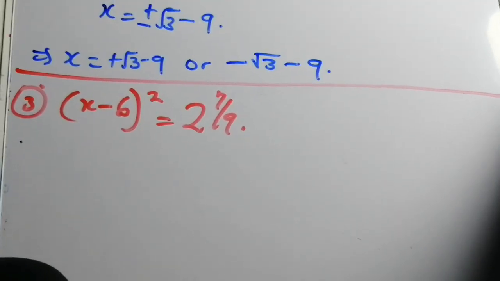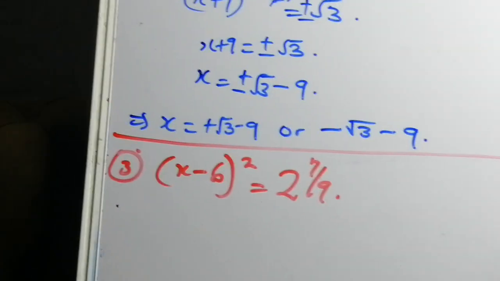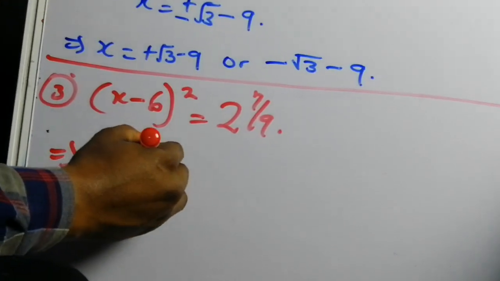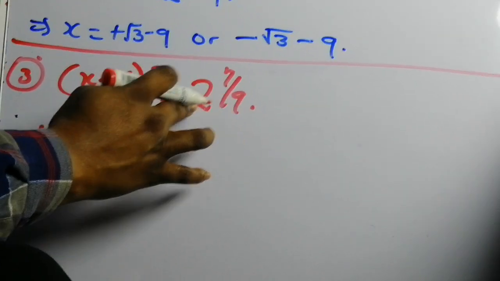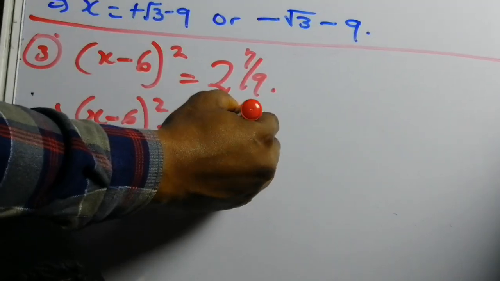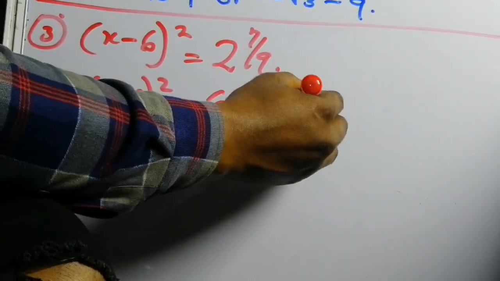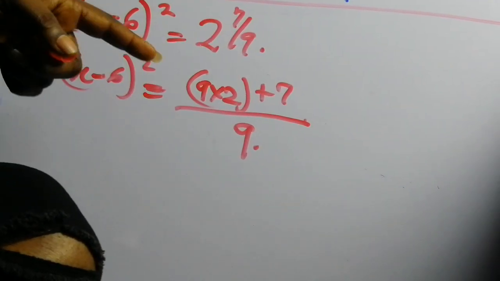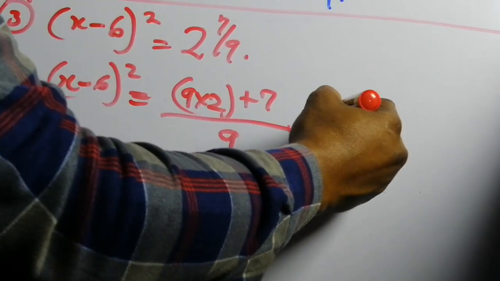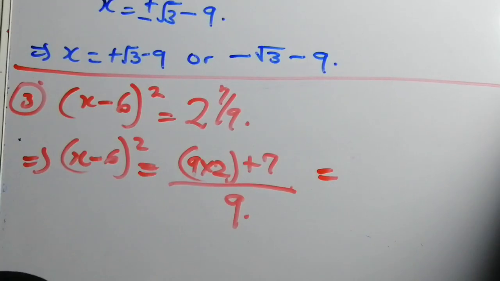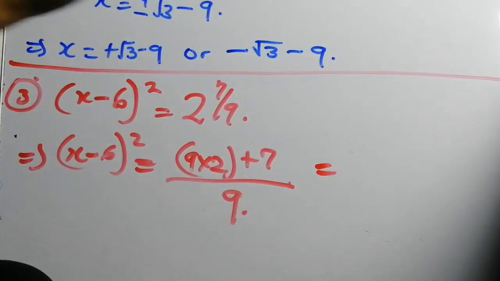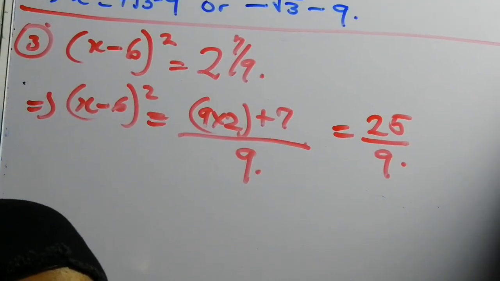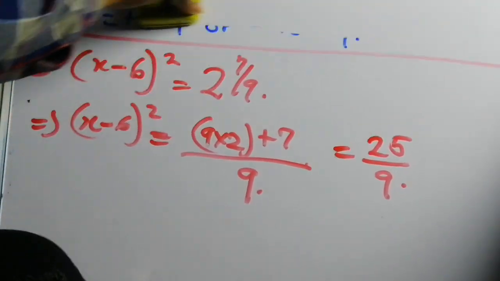So we first change this improper fraction to a proper fraction, which means x minus 6 squared equals 9 times 2 plus 7 all over 9. 9 times 2 is 18, 18 plus 7 is 25. So this is 25 over 9.